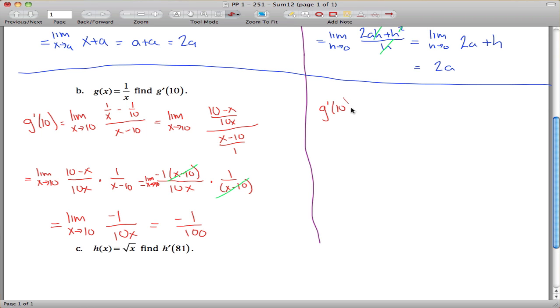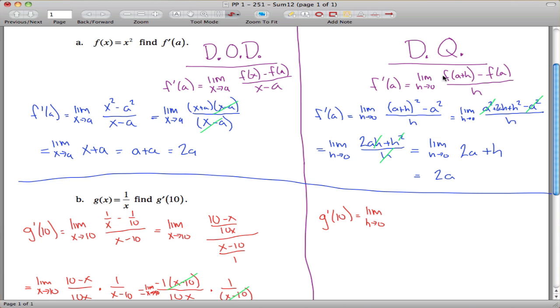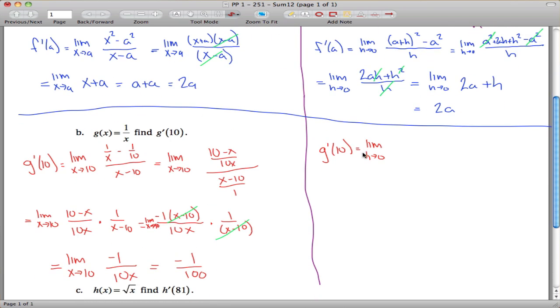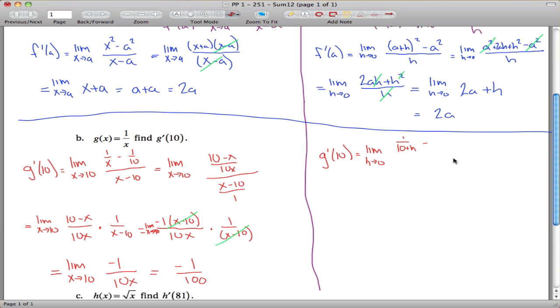g prime of 10 is equal to the limit as h approaches 0 of f of a plus h, so g of a plus h in this case. Remember my a is 10, so this will be 1 over a plus h minus g of a.